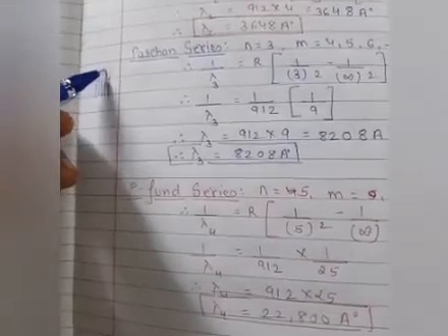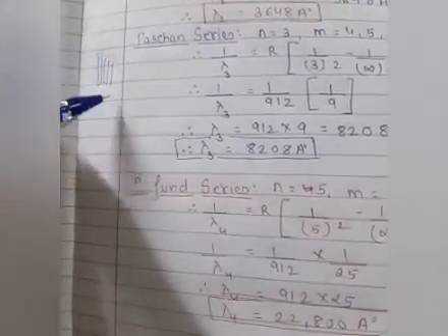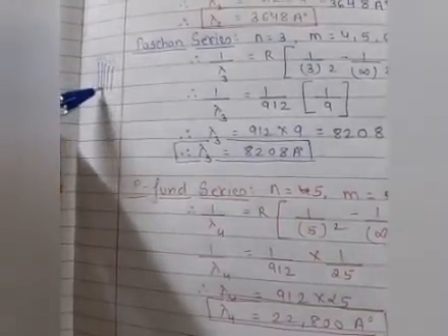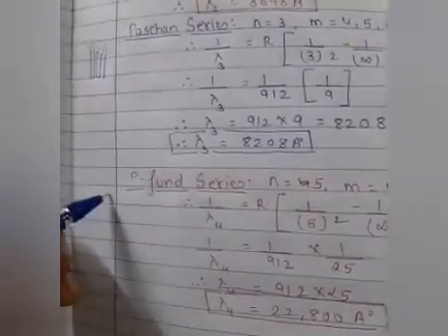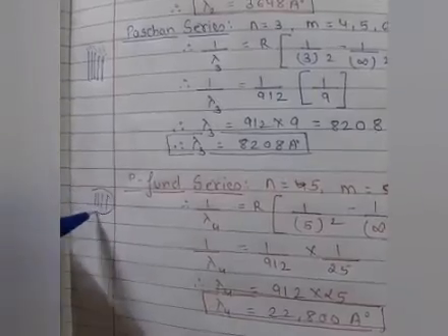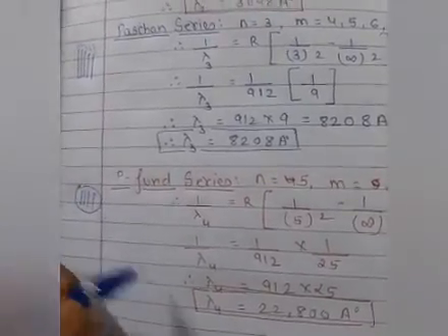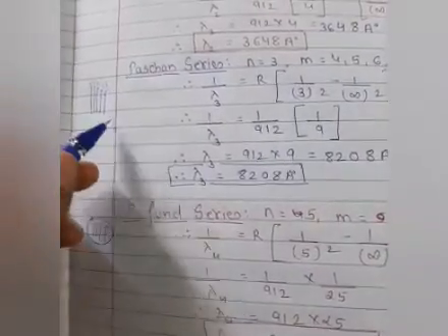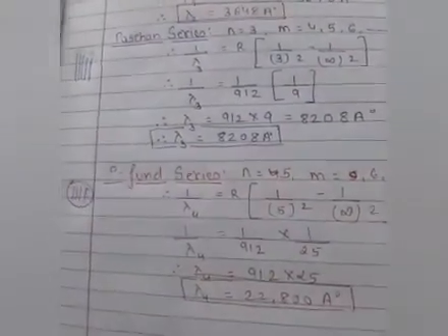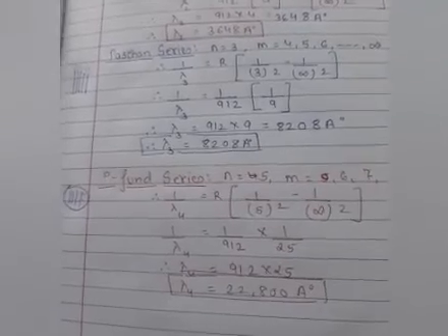So the different wavelengths of the light, the different spectrum lines, you had to find out. But here what we are finding is the limit of all the wavelengths of the given spectrum in this series. So in both questions there is a very vast difference.